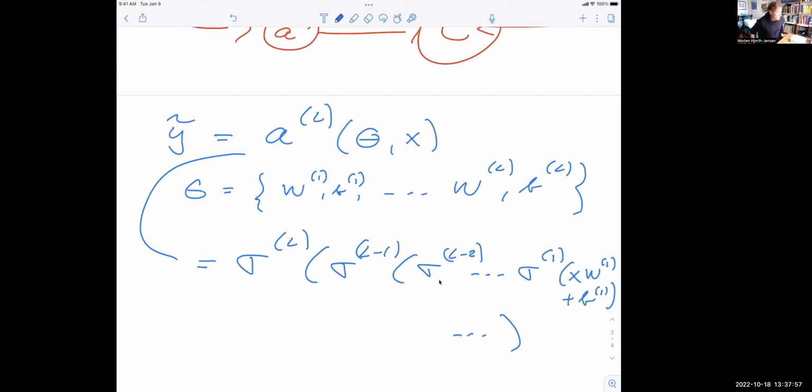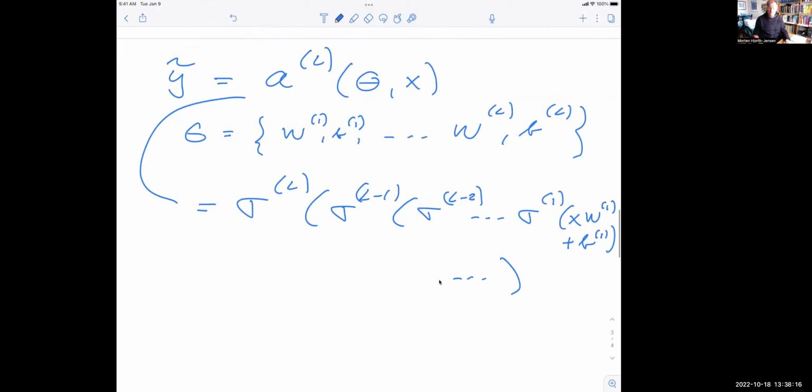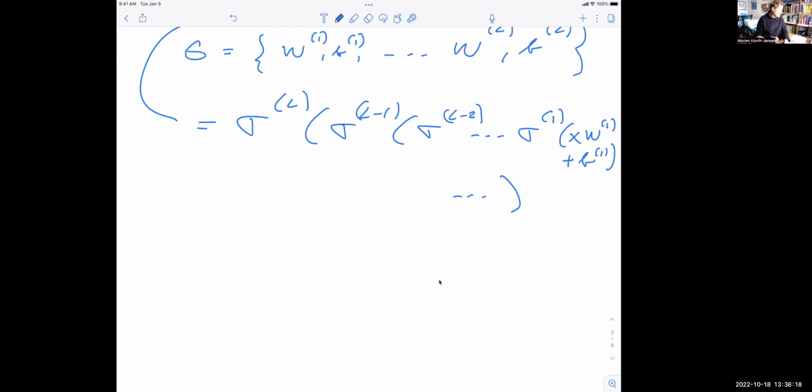So this is essentially the function which ensures that we have this non-linearity, in the sense that we have these non-linear functions at every single layer, and they produce an output, and this output is fed into the next layer, and this goes on till we have the final output layer.